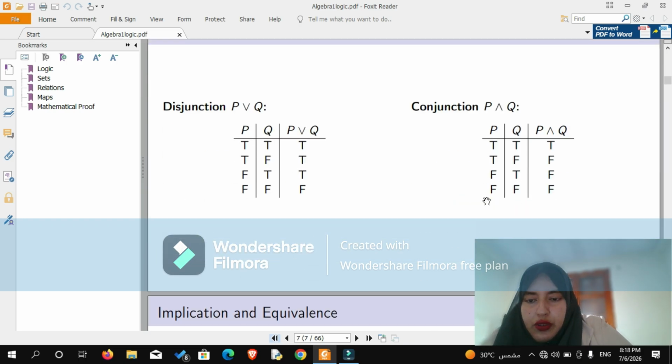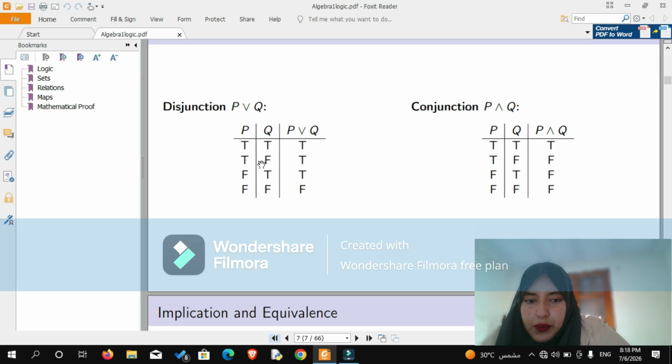And the truth table will help to clarify things. P takes these values, Q takes these values, and P or Q is false only when both of them are false.